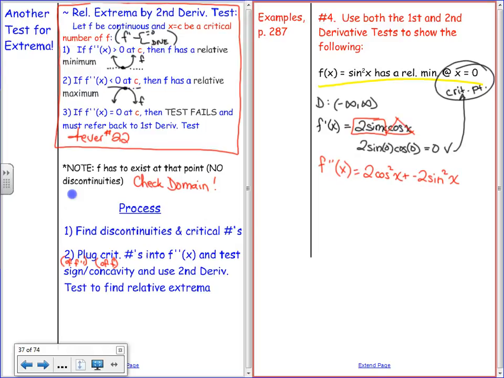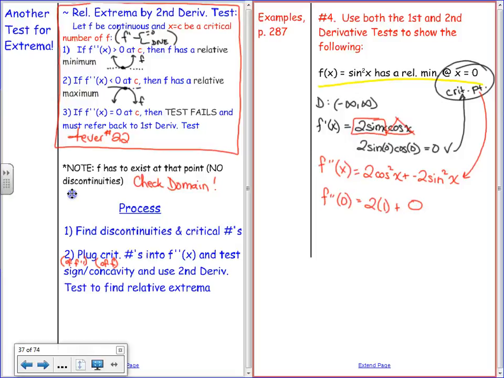What am I plugging in to check? What is f double prime of 0? 2 times cosine squared of 0. Cosine of 0 is 1. 1 squared is 1. And 2 times 1 is 2. Minus 2 sine squared. Well, sine of 0 is 0.